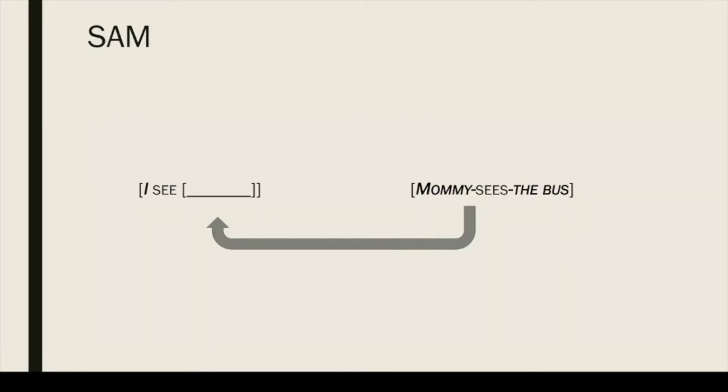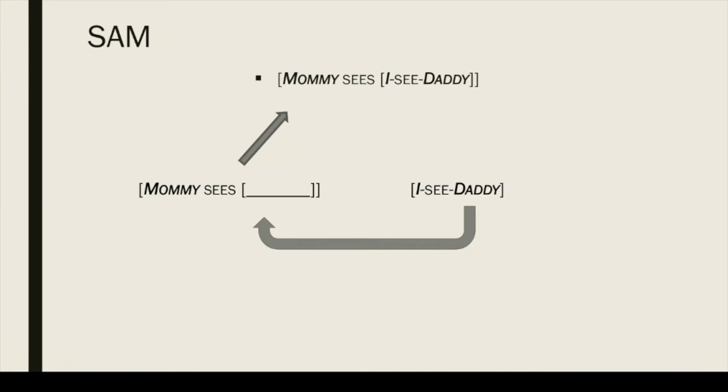So, for example, SAM would receive from EDD the dyadic representation mommy sees the bus, and then it would embed it into a larger frame to generate the triadic representation I see mommy sees the bus. Similarly, it can take the dyadic representation I see daddy and then produce the representation mommy sees I see daddy.